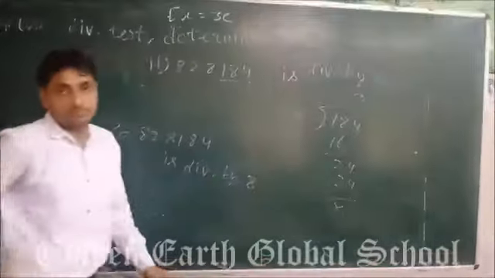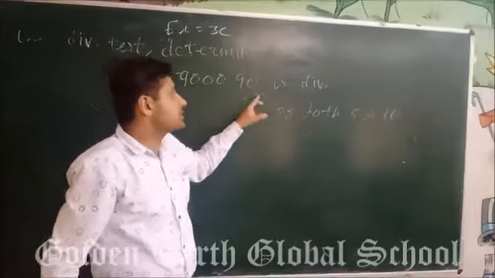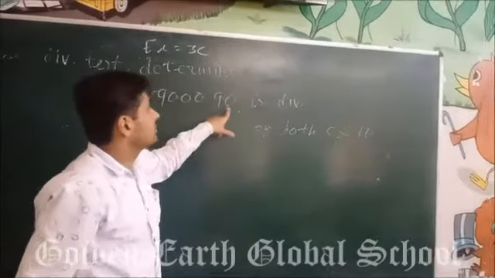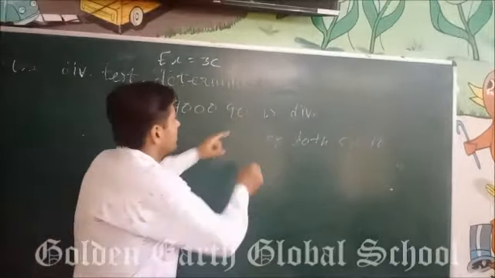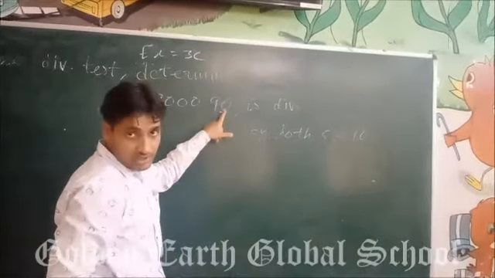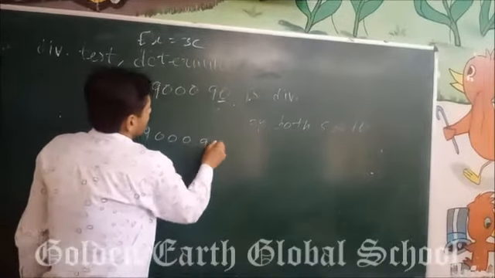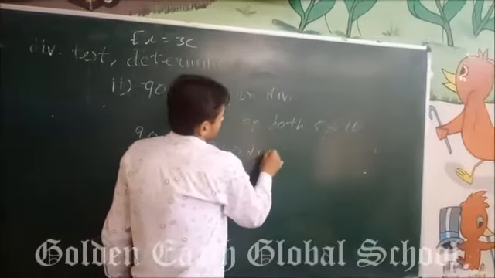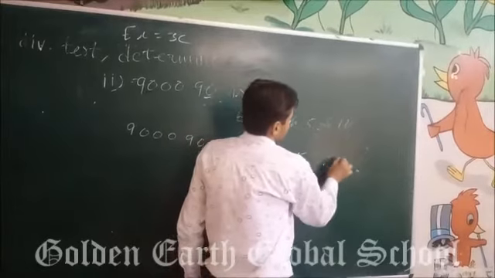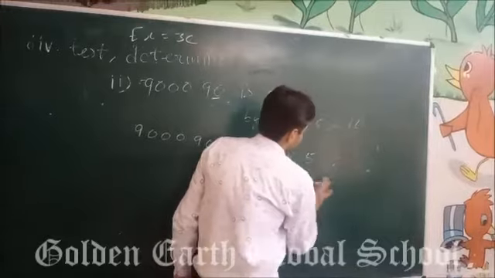Next question. Use divisibility test to determine whether 900090 is divisible by both 5 and 10. What is the divisibility rule of 5? Look at the unit digit. The unit digit is 0, so 900090 is divisible by 5 because its unit digit is 0.